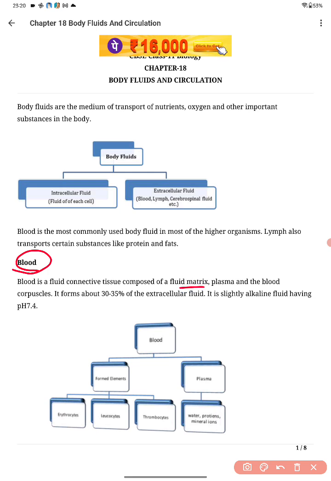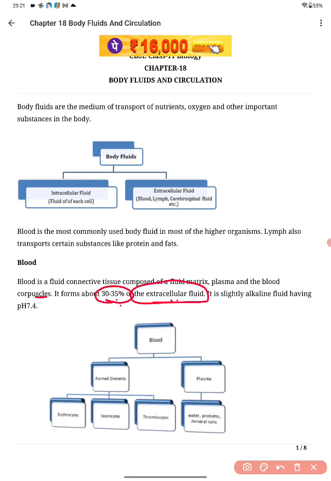Blood consists of components like plasma and blood corpuscles. Corpuscles are the blood cells. So blood cells and plasma. Blood has 30 to 35% of ECF.